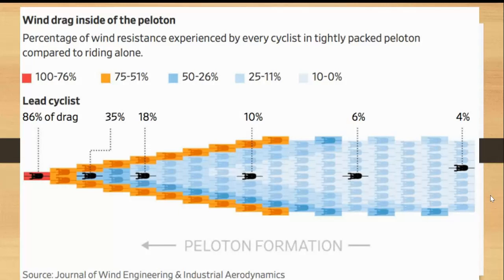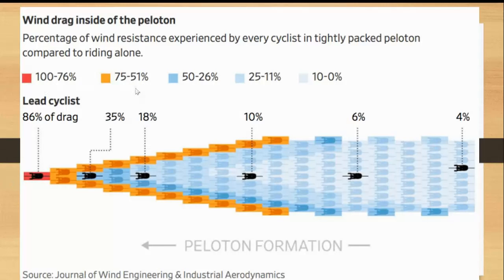Well, if one person's out by themselves, they're experiencing 100% of the air resistance. Okay, so the drag is hitting them front on. There's no protection from that drag or air resistance against them. So that person who's miles ahead of the peloton has to work harder because they have 100% of air resistance hitting them.